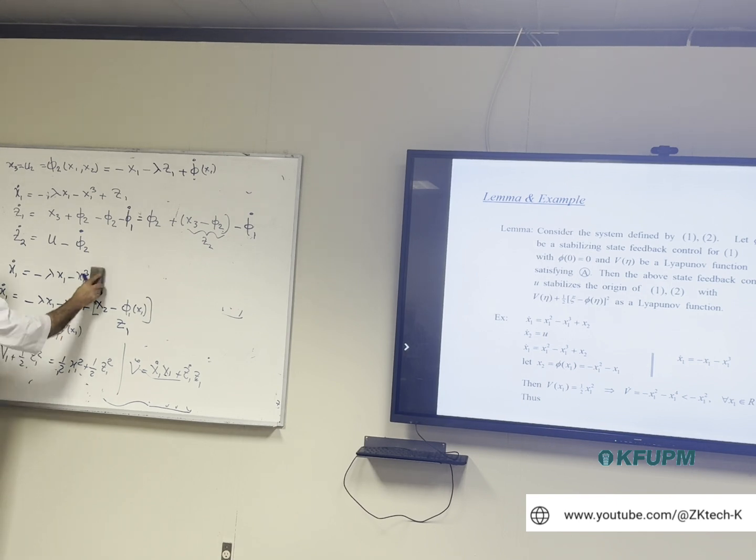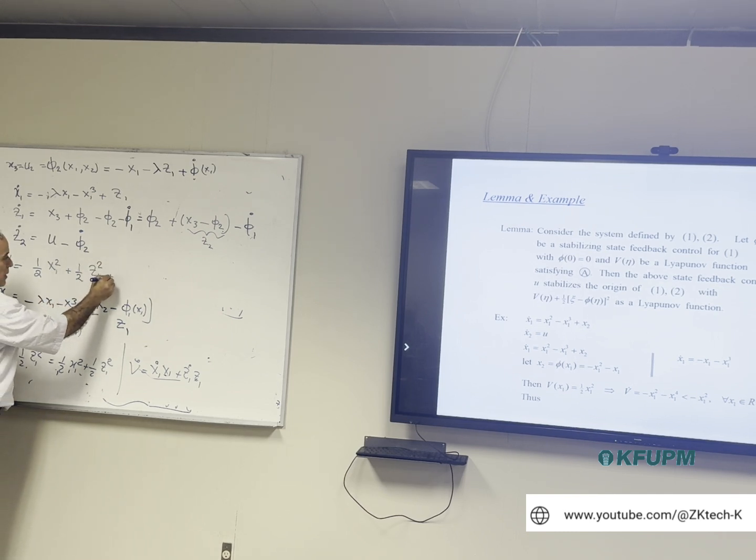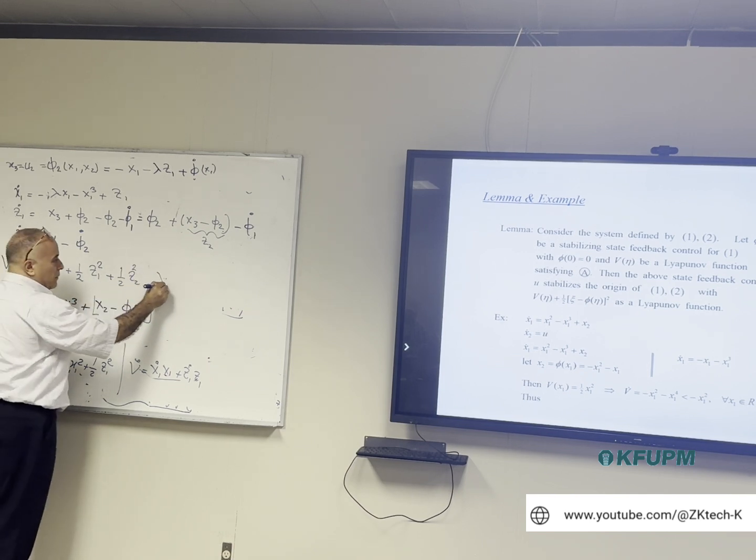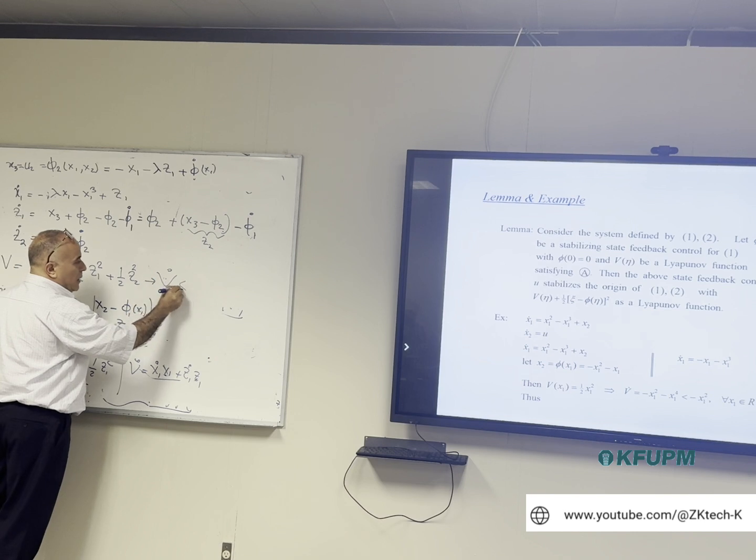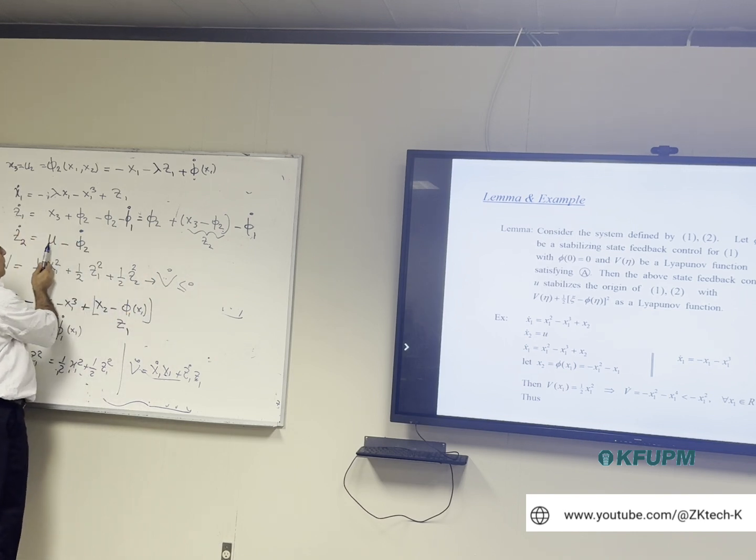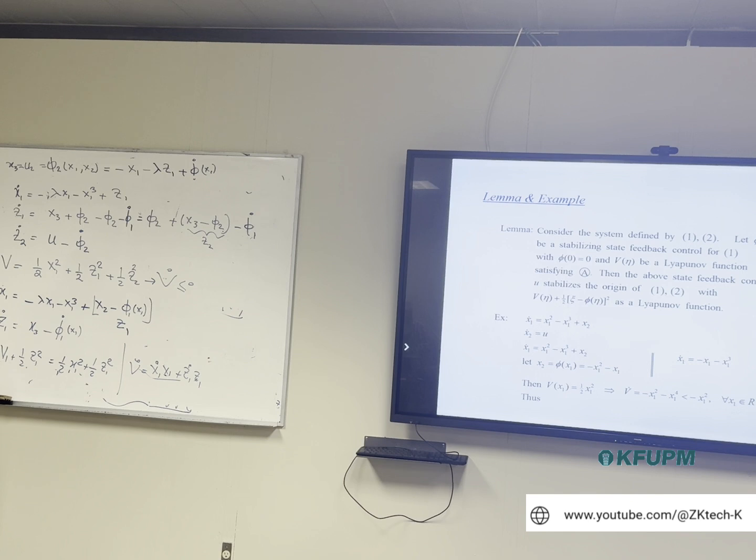So v will be equal to half of x1 squared plus half of z1 squared plus half of z2 squared. And then you take the derivative to find the value of u that will give you this negative.